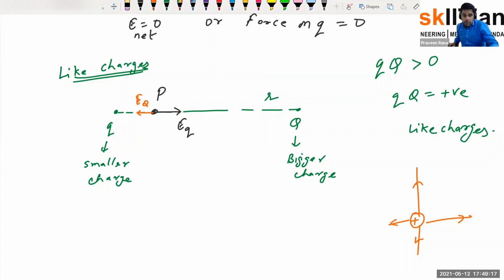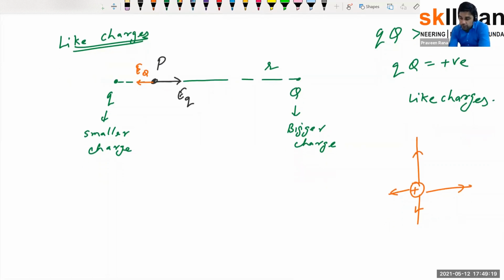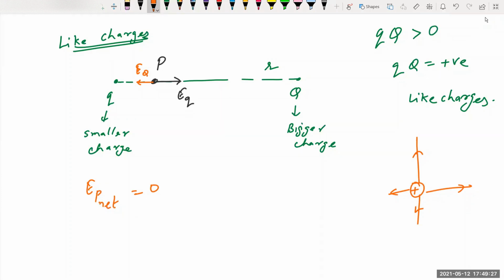Now, if at this point P you want the net electric field to be 0, what should be the condition? The electric field by this one minus the electric field by that one should be equal to 0.